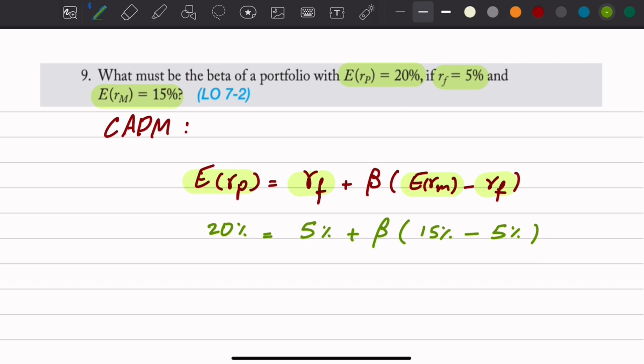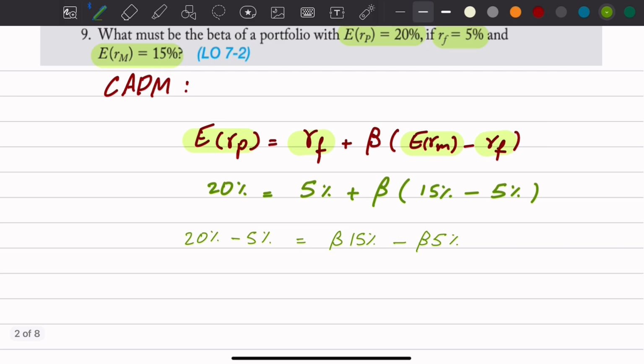So my formula would become 20% minus 5% equals beta multiplied by 15% minus beta multiplied by 5%, which means that on this side now, I'm going to have 15%, and that should equal beta multiplied by 10%, right?